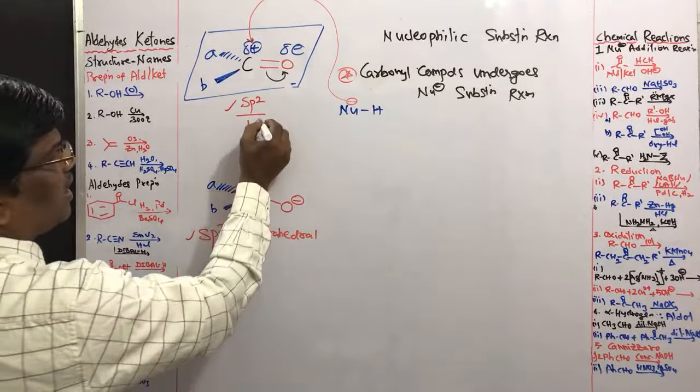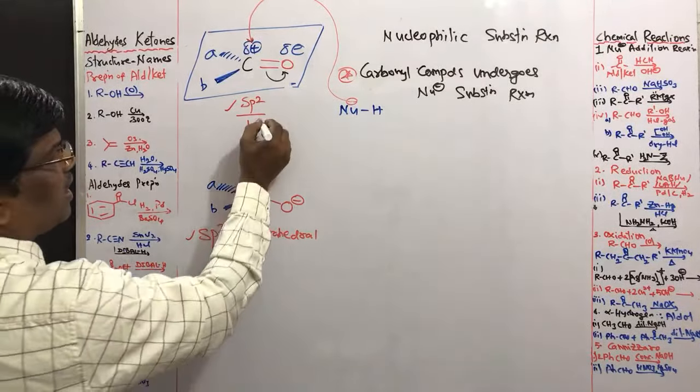It is step 1, and step 2 takes up proton, or the nucleophile when adds here, it will have proton. It takes up this proton to give nucleophile, whatever may be the nucleophile, we learn different name reactions in your higher classes.